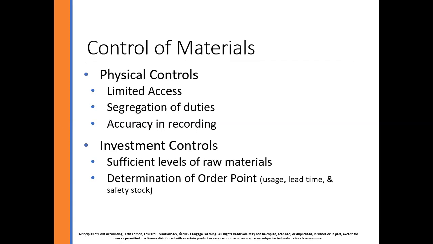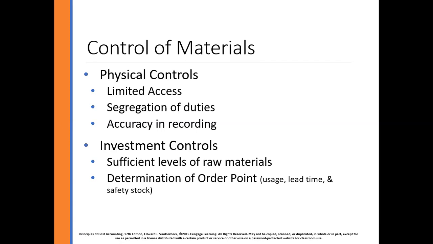The usage is the anticipated rate at which the material will be used, so how quickly the material is used. The lead time is the estimated time interval between the placement of an order and the receipt of the material, so basically how long it takes the order to get processed, shipped, and received by us. And the safety stock is the estimated minimum level of inventory needed to protect against stockouts, or running out of stock.